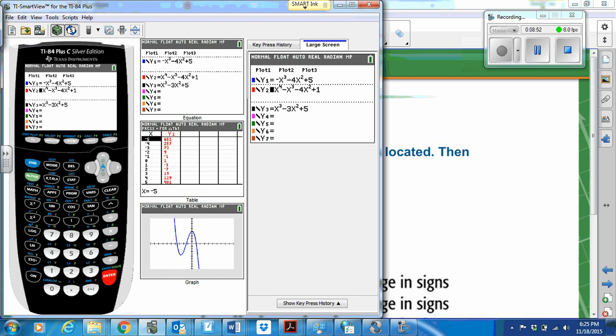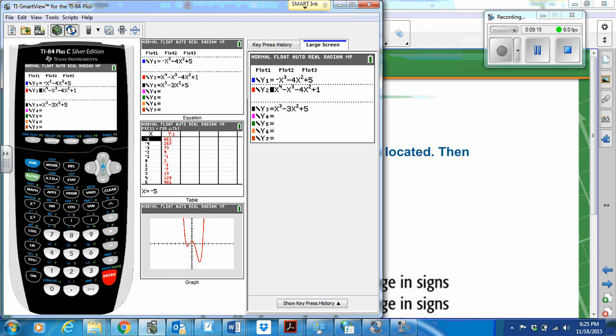And you can see the graph of this one down here in the right-hand corner, and it shows an even function that has a positive lead coefficient. If we look at that, we see that there are zeros occurring between negative 2 and negative 1, and again between negative 1 and 0, and again between 0 and 1, and again between 2 and 3.